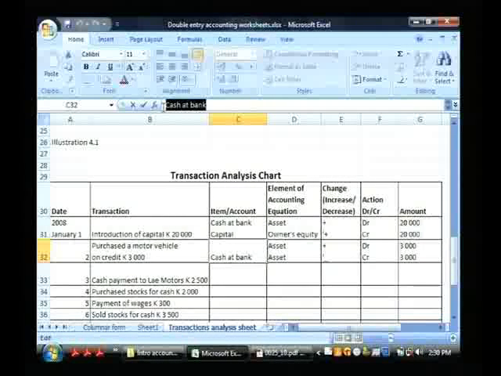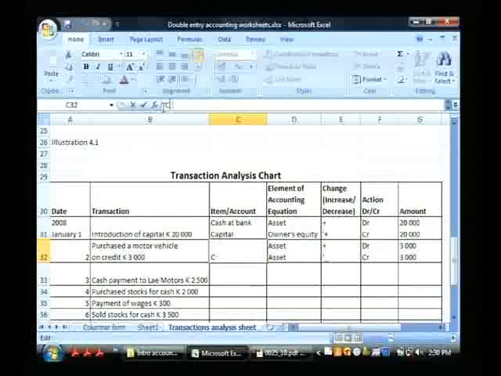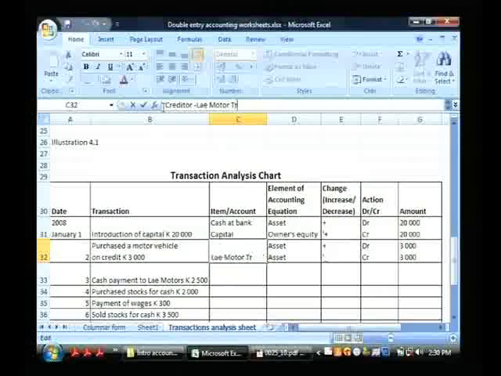Motor vehicle account, creditor Lay Motor Traders credit.